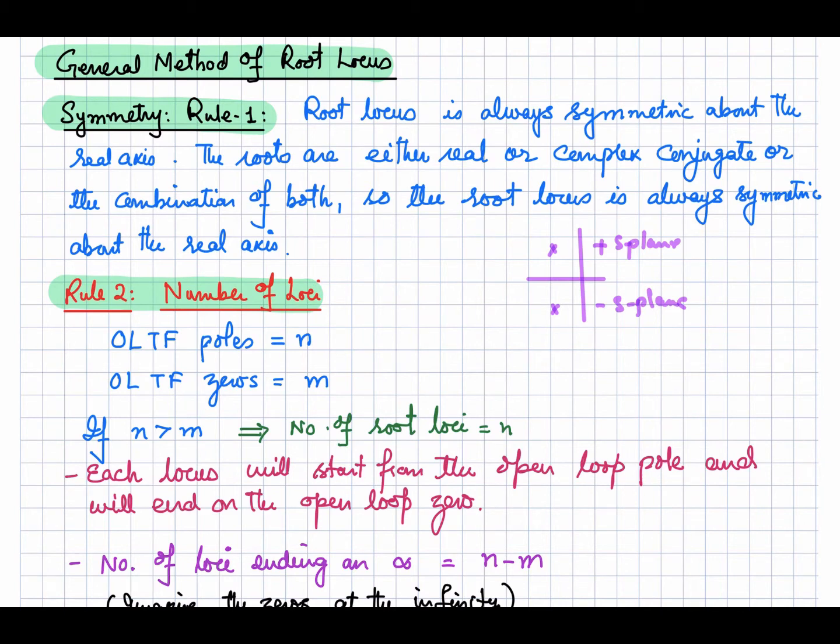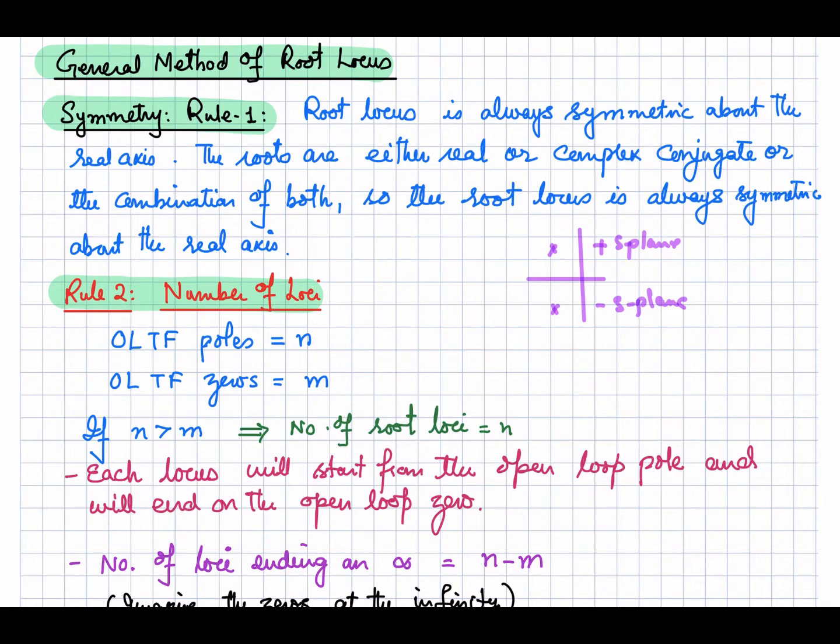So the number of root loci will be equal to the number of poles, but some poles will move toward finite zeros, and some will move towards the infinite zeros. Pole always moves towards the zero.